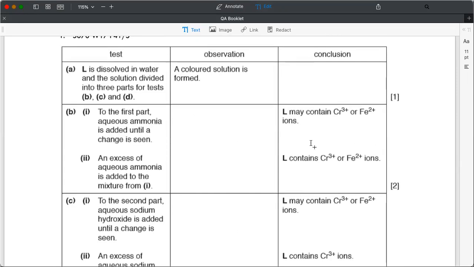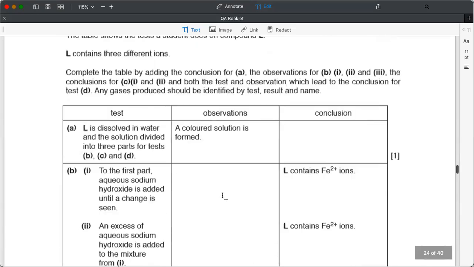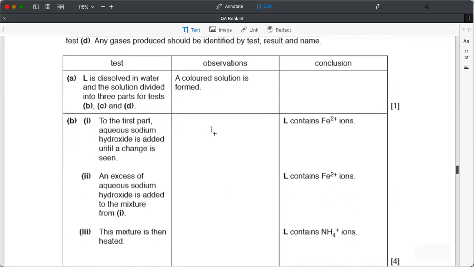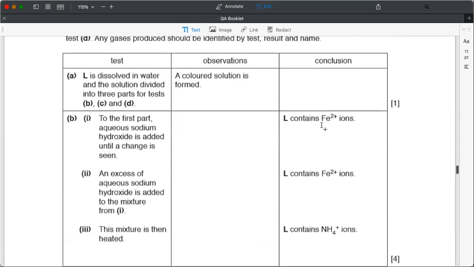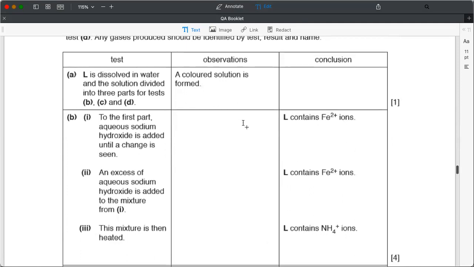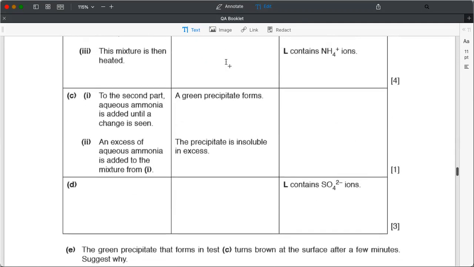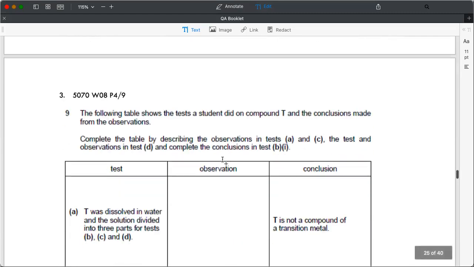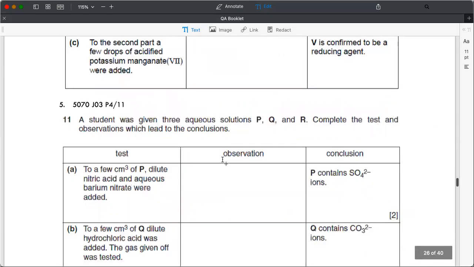Or you give the observation and conclusion based on the color, and they deduce what could be present. Based on the conclusion, work backward to write down the observation. Based on the observation, write the conclusion, and then answer some questions. This is very good practice.